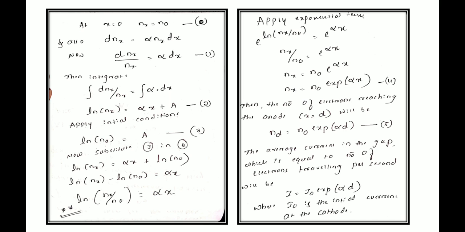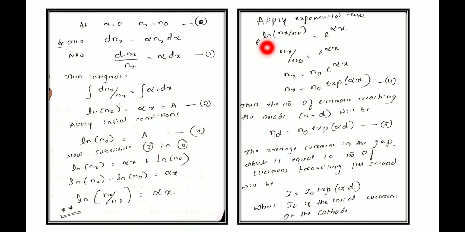So this will be equal to alpha x here. Now let us apply the exponential term on both the LHS as well as the RHS. We can write exp, or we can write e also here. e to the power of ln of n(x) divided by n naught will be equal to e to the power of alpha x, exponential of alpha x.